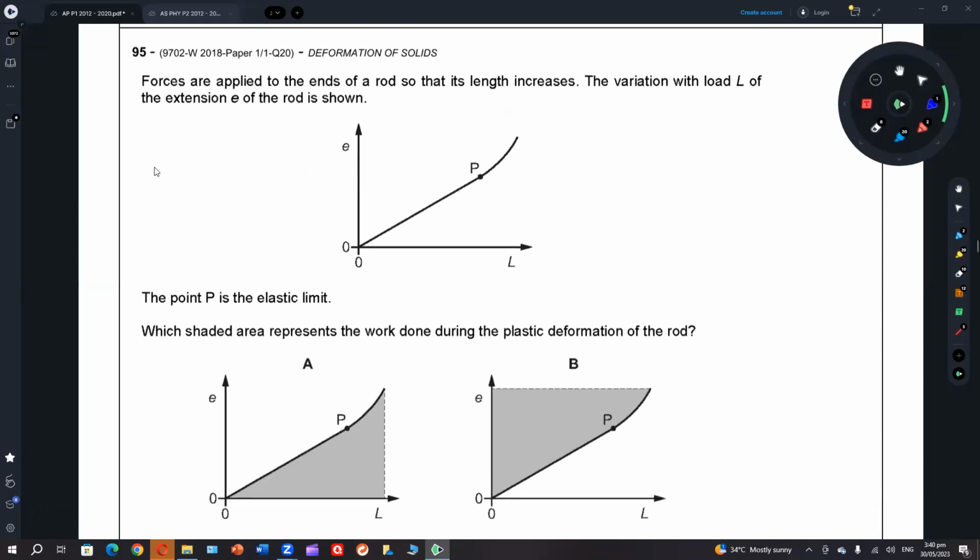So as I mentioned again, work done is the area. So work done should be towards the extension axis. Yes, area is equal to work done.